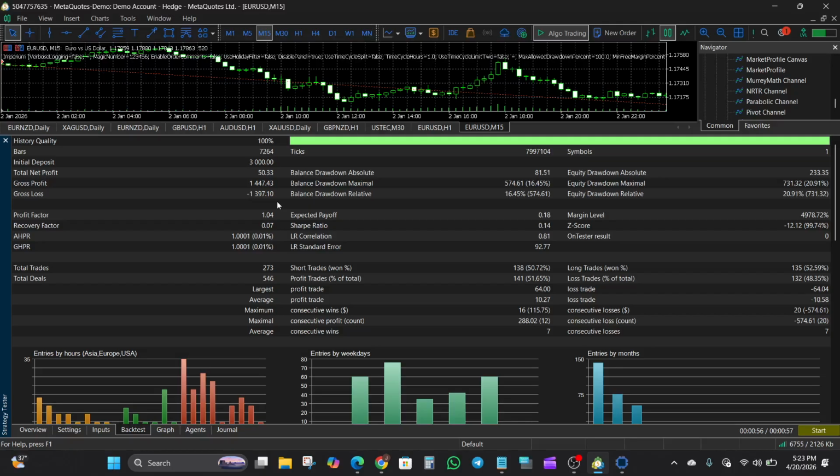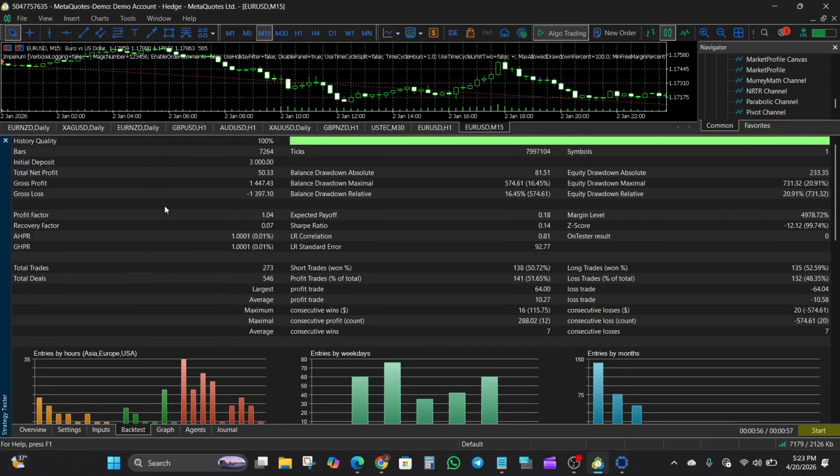The lot size used while the EA is executing trades also matters. The lot sizes given to the EA to execute trades can affect the level of drawdown that the account experiences. Now, the expert advisor yielded just a little profit over the space of 3.5 months, and we had a balance drawdown absolute of 81.51, and quite a low profit factor.